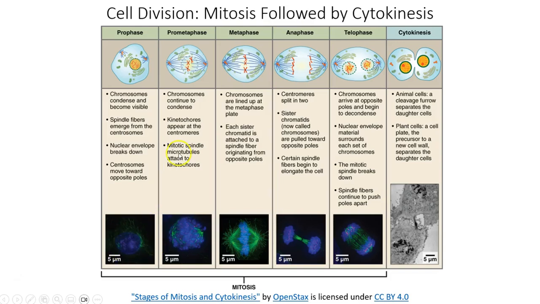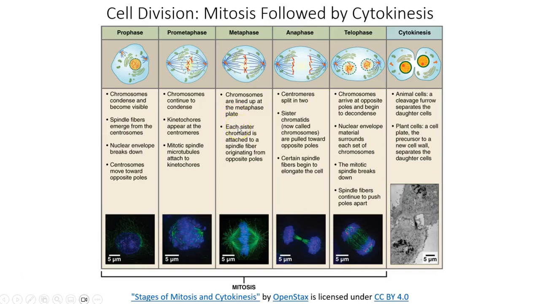In prometaphase, those chromosomes are going to start lining up along the center of that cell. And then we're going to have microtubules start to attach to those centromeres and attach to centrosomes at the ends of the cells. Metaphase is this final stage of lining up those chromosomes.